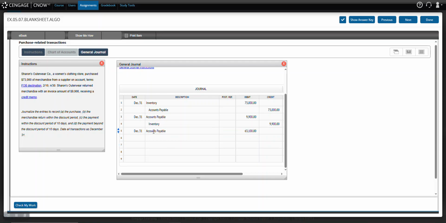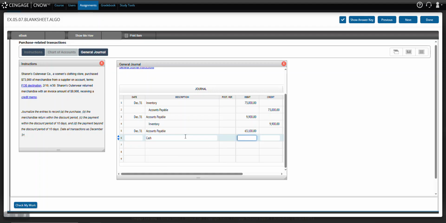We want to make sure we're eliminating our accounts payable for the total balance that is sitting in that liability account, and not for the amount minus that 2% discount. Because if we do that, it's going to show that we still owe this company some money, and we actually don't. We are satisfying our obligation to them by paying within that 10-day period and therefore getting a bit of a discount.